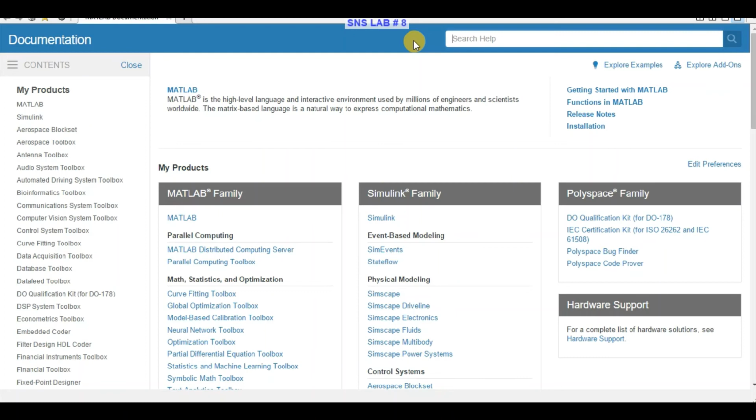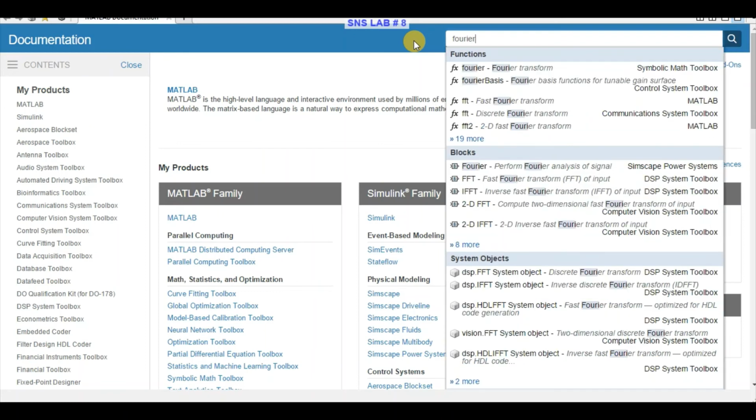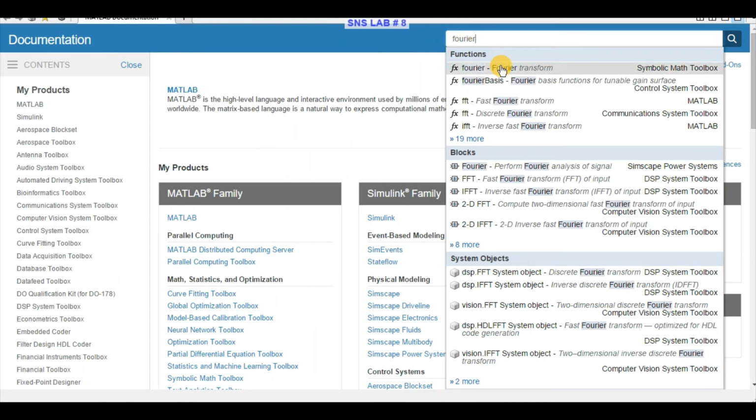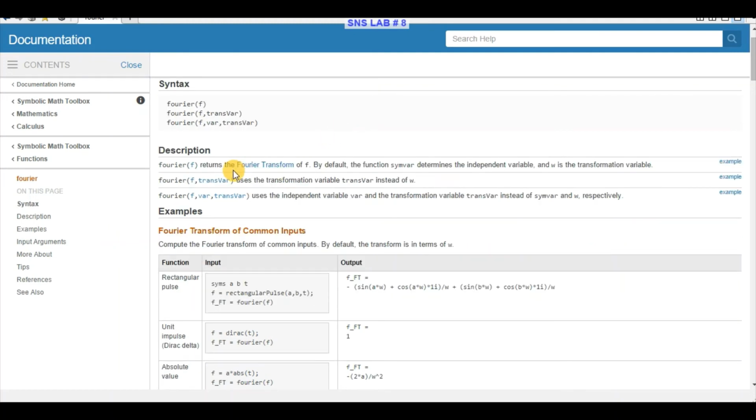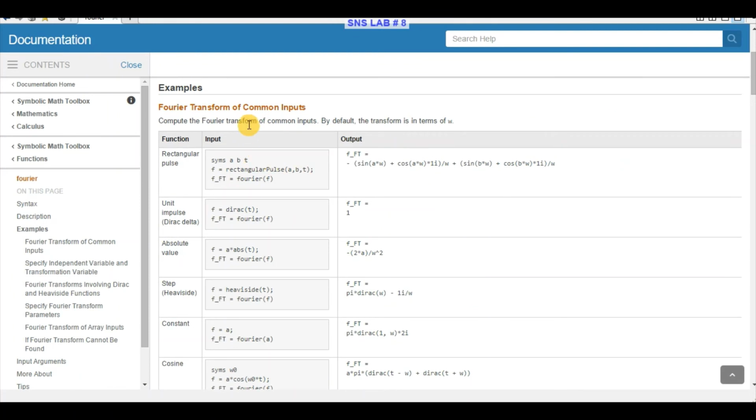So just type fourier and go for this search result. Here you will find fourier is used for Fourier transform. You may read its description. Then there are some examples given.